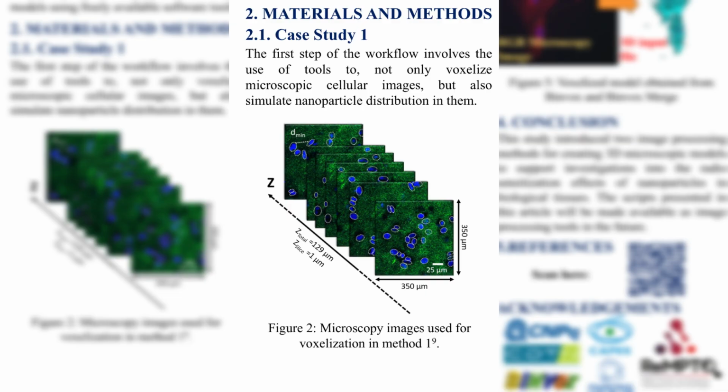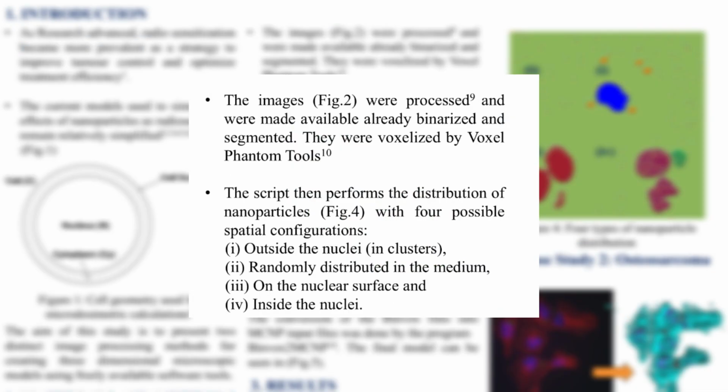We used a Python script based on a connected component algorithm to identify these cells and individualize them, so you can simulate the radiosensitization effect in only a single cell. We also did a nanoparticle distribution simulation, so we can analyze the effects of nanoparticle radiosensitization in it.